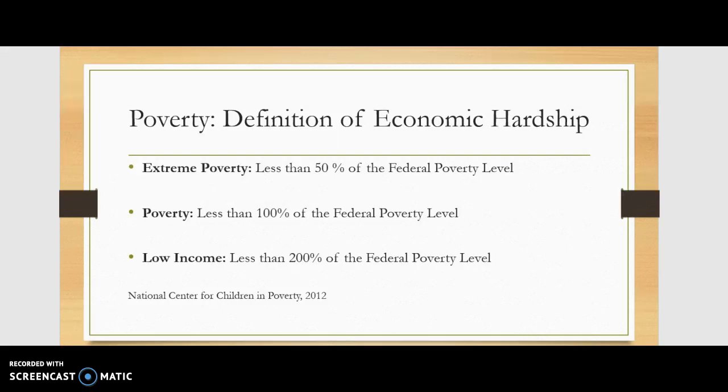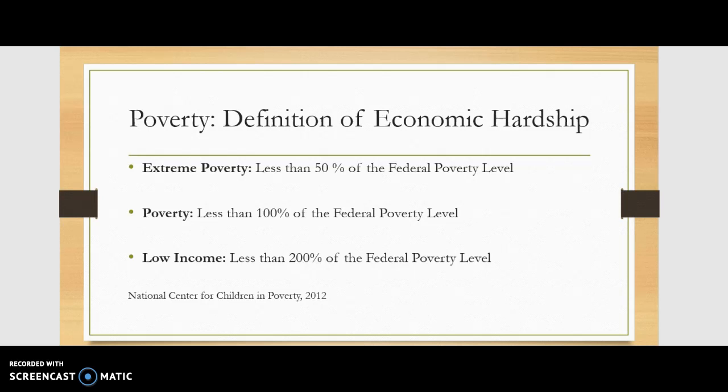And again, the 3 levels are extreme poverty, which is less than 50% of the federal poverty level, poverty, which is less than 100% of the federal poverty level, and then the low income level, which is less than 200% of the poverty level. So again, these levels or thresholds are going to vary based on the age, income, family, household, etc.